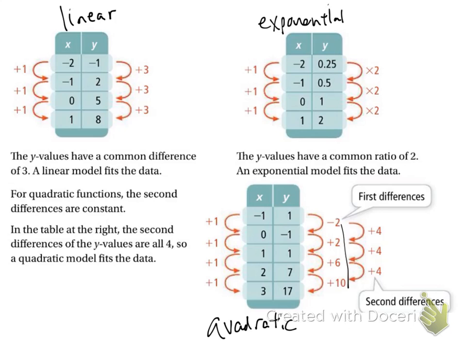You find your first difference, like how much you're adding or subtracting by each time. And you can tell those are not all the same. Here's where the crazy part happens. If you look at the difference of all of those numbers, so how to get from -2 to 2, how to get from 2 to 6, how to get from 6 to 10, okay? That's these numbers over here, and they're all the same, okay? So if you're doing quadratic, you've got to do it twice.